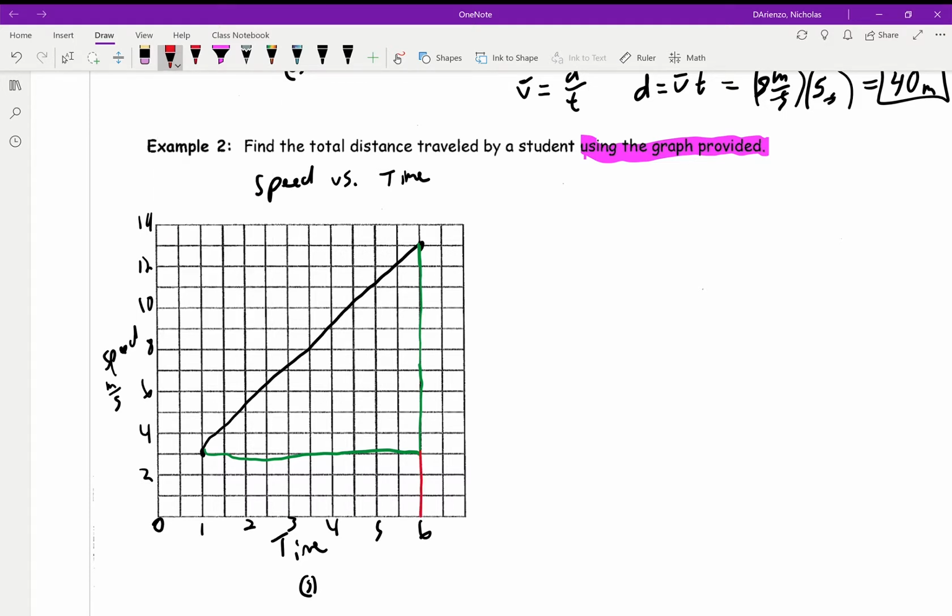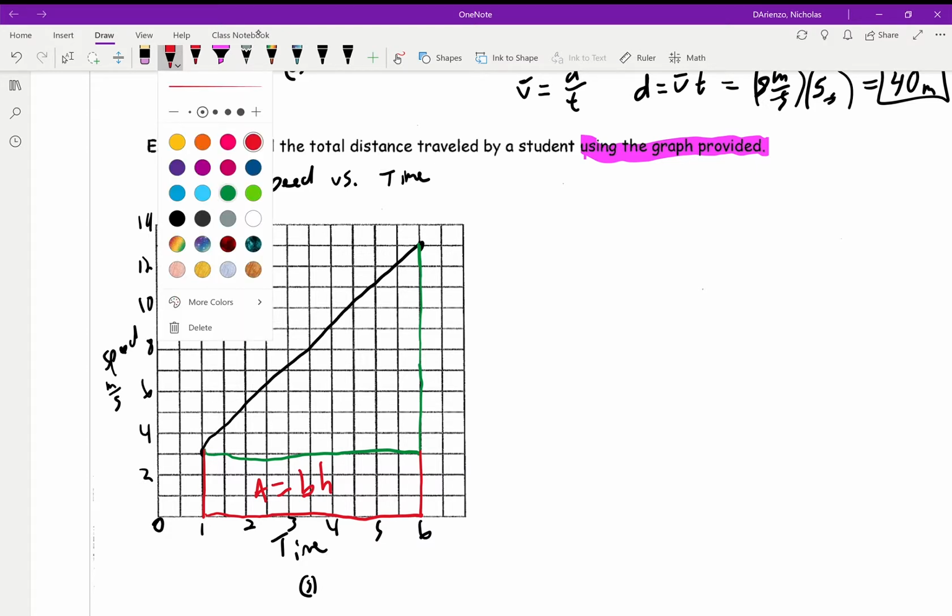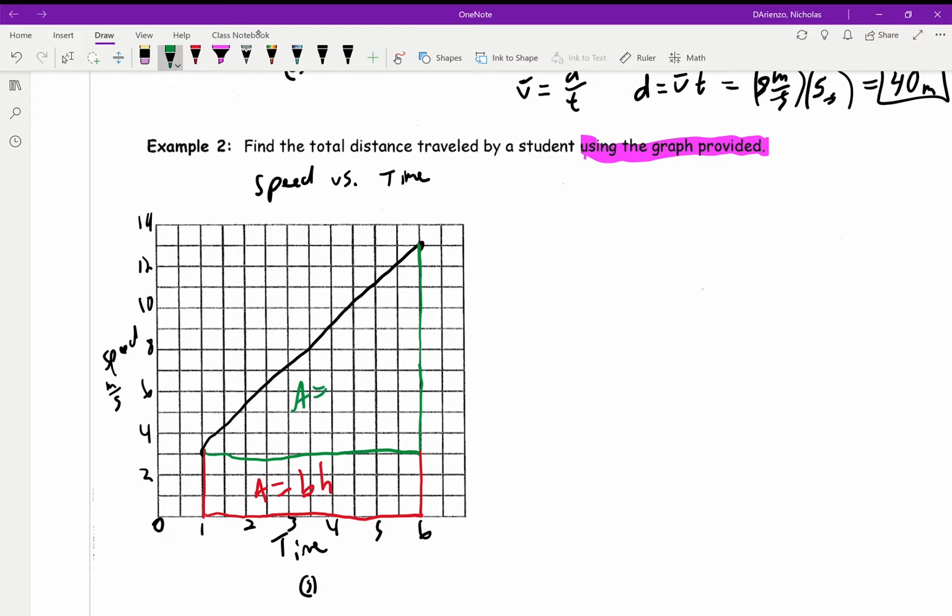We have another rectangle here. I'll try and draw this carefully. The area of a rectangle is equal to the base times the height. The area of a triangle is equal to 1/2 the base times the height. So let's try this. We'll start with the triangle first.